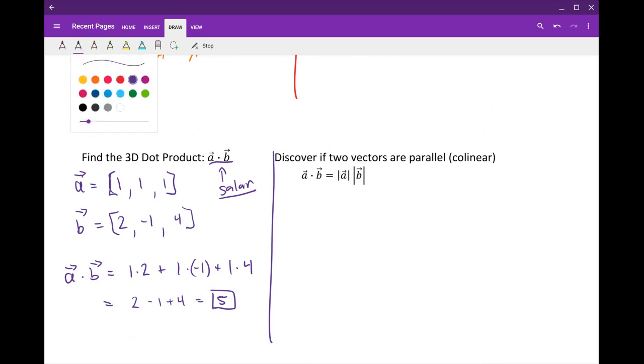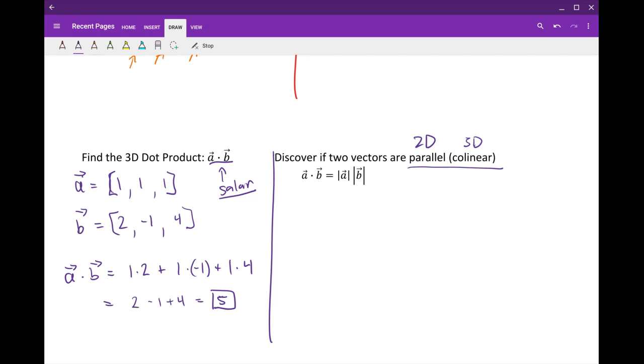Now, in 2D, we've got something called parallel. In 3D, you've got something called collinear, and it means the same thing. So one way to discover if two vectors are parallel or collinear is if their dot product is equal to the product of their magnitudes.